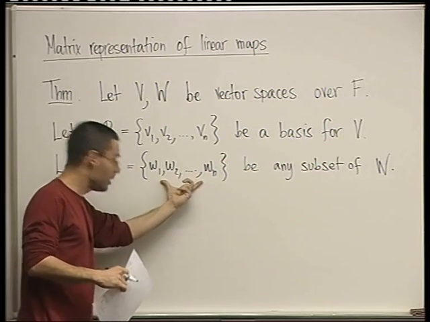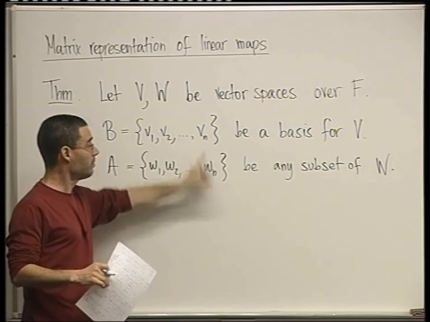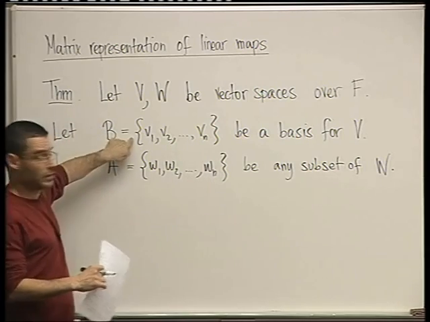Just n vectors in W. But the only thing is that I'm taking the same number as the basis of V.